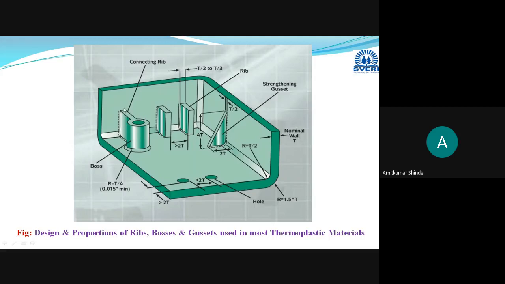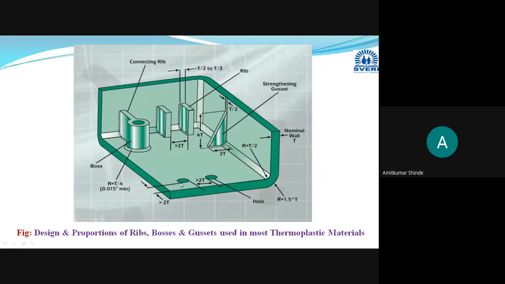Then the horizontal plate-like structure which is connecting that boss to the wall surface, this is the connecting rib, or simply you can say the ribs. These are rectangular in shape, and a similar structure, but triangular in shape, is termed as the gusset. This is the gusset, then this is the rib, and this is the boss.